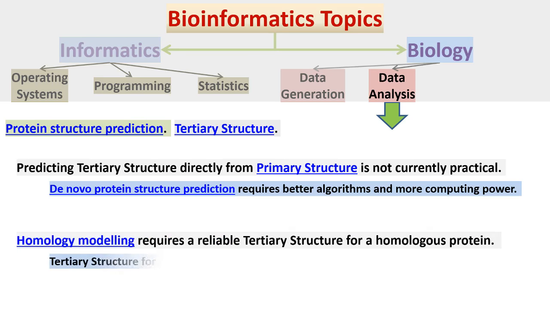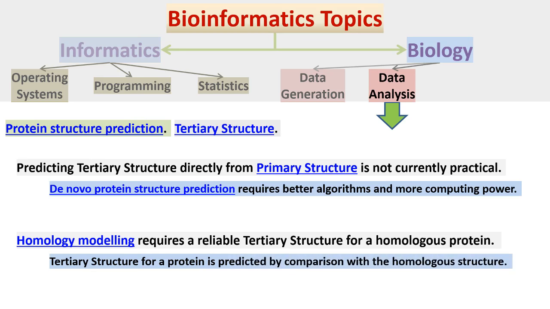Homology modeling, also referred to as template-based or comparative modeling, is possible only when reliable structures exist for proteins homologous to those under investigation. Very broadly, the tertiary structure of a protein can be predicted by comparison to the known structure of a protein that is homologous.